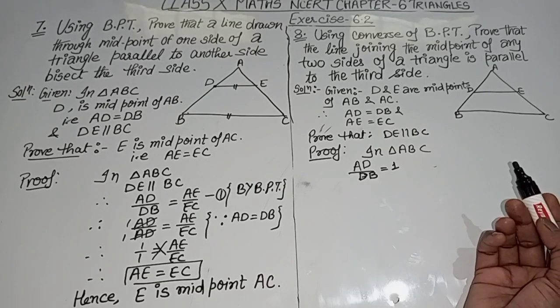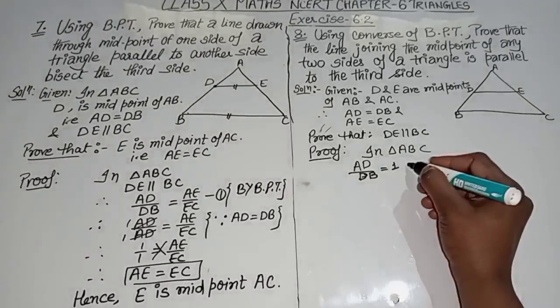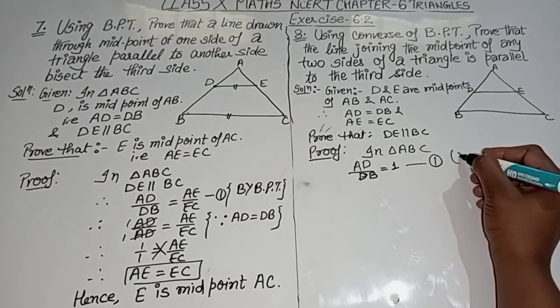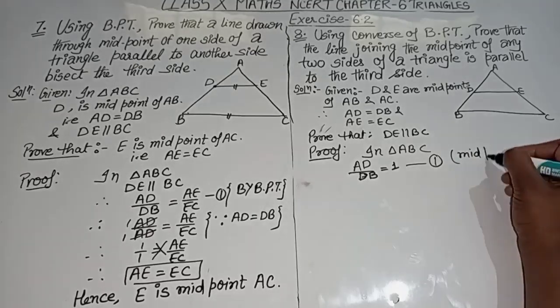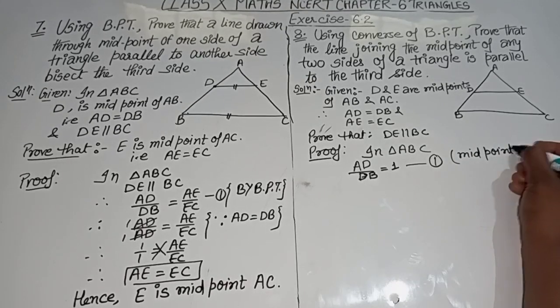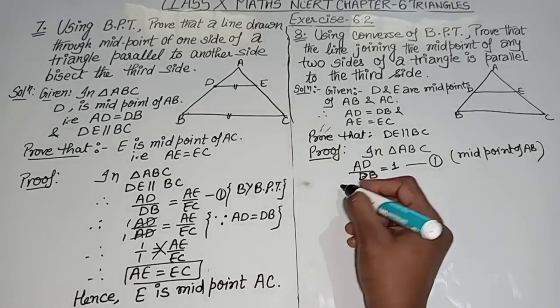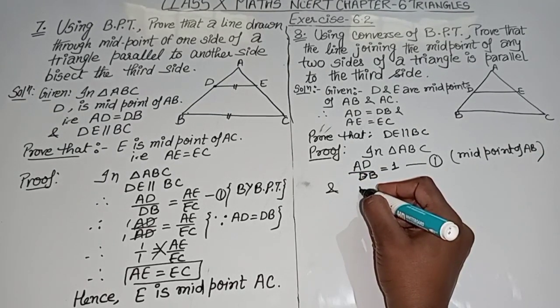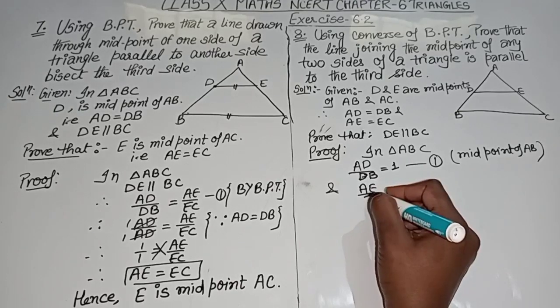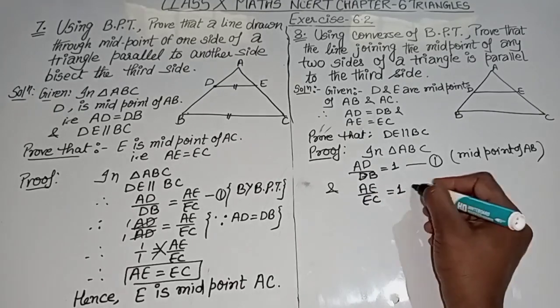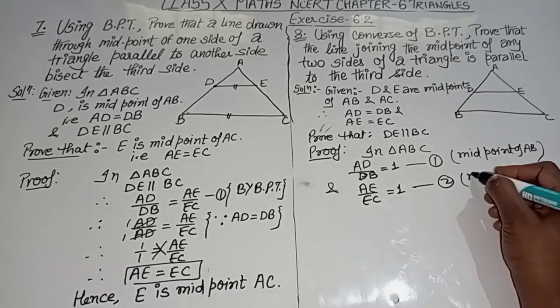This is equation 1, because D is the midpoint of AB. Next, AE upon EC is equal to 1. This is equation 2, because E is the midpoint of AC.